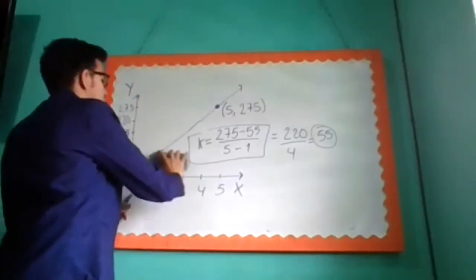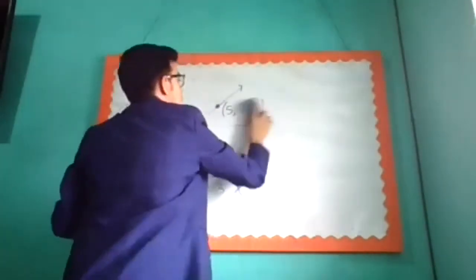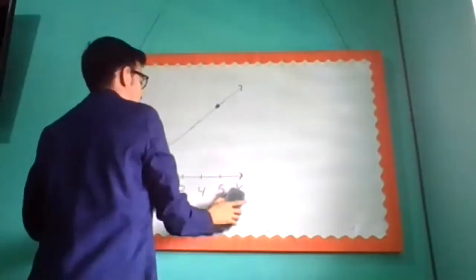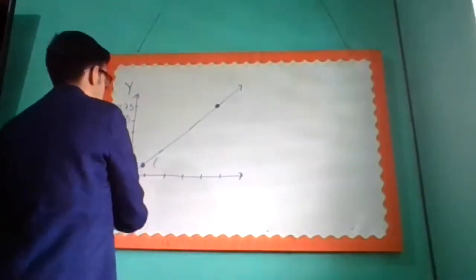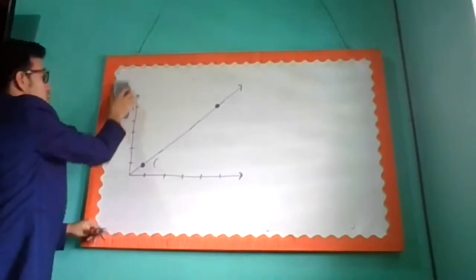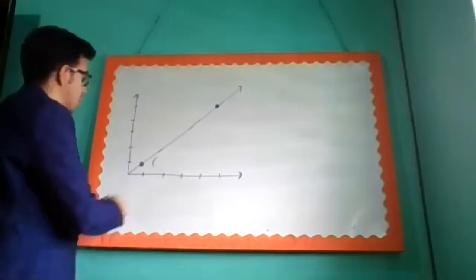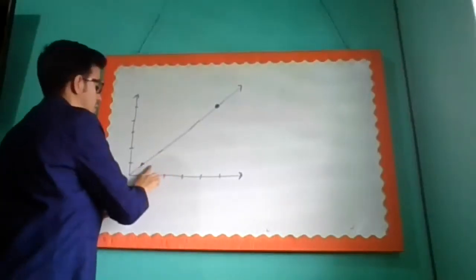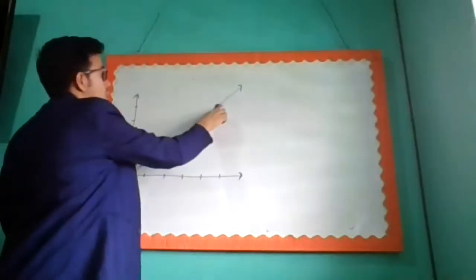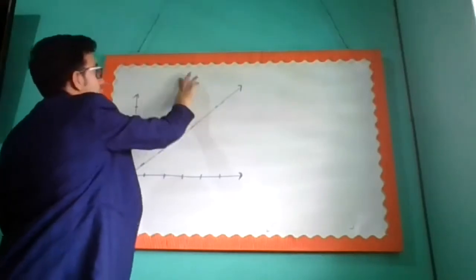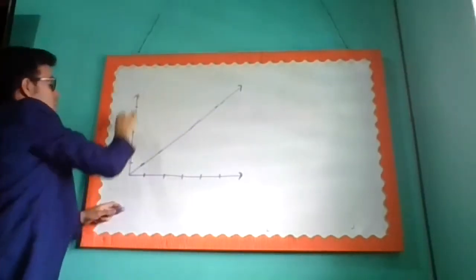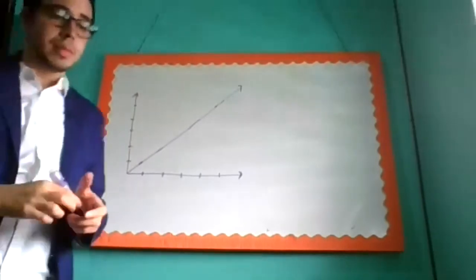Okay, I'm going to erase this because you don't need these numbers. You only need the graph. I'm going to show you. You have the first graph and they are asking you if the graphs represent a proportional relationship or not.